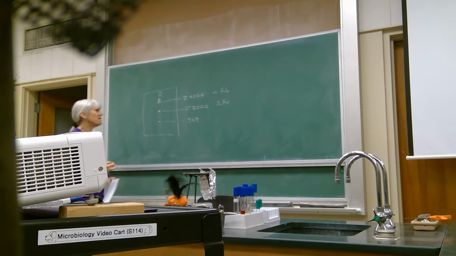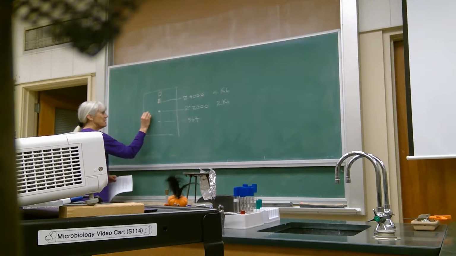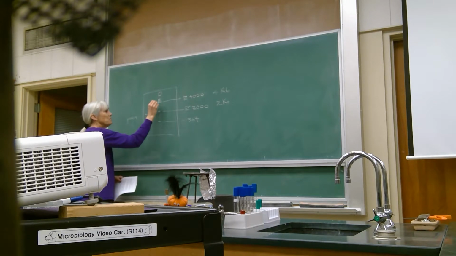You can use that to get an idea of size-wise how big your plasmids are. pUC19 will line up either with the 2,000 or slightly below that. So if you get a band here, it's pUC19. pGLO will line up approximately here, even though it's 5,000. It looks smaller because it's supercoiled.